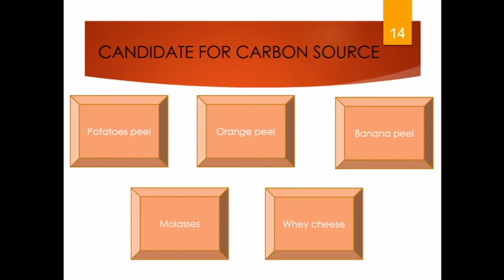These are the candidates for carbon source to replace in the enriched formulation media. So the first is potato peel, the second is orange peel, third is banana peel, fourth is molasses, and the last is wedges.